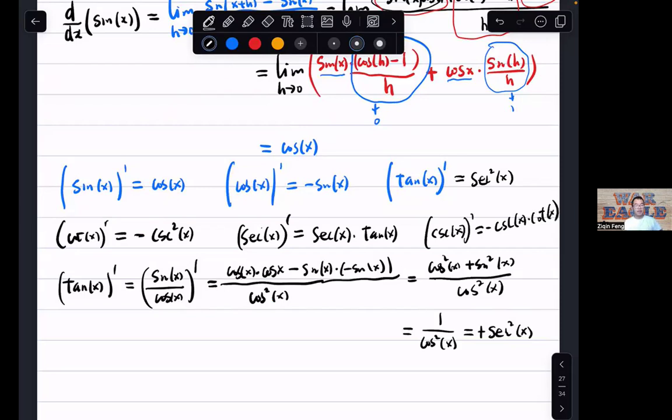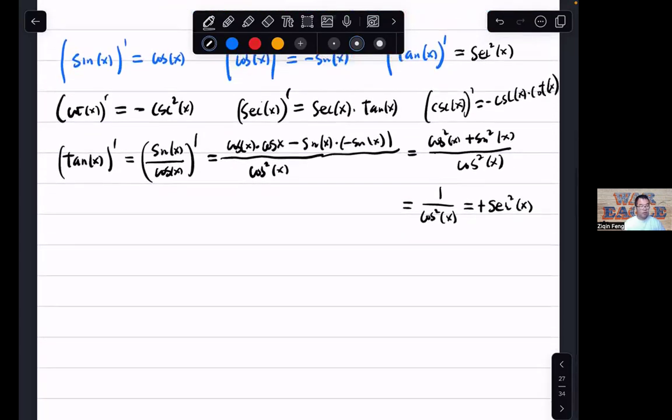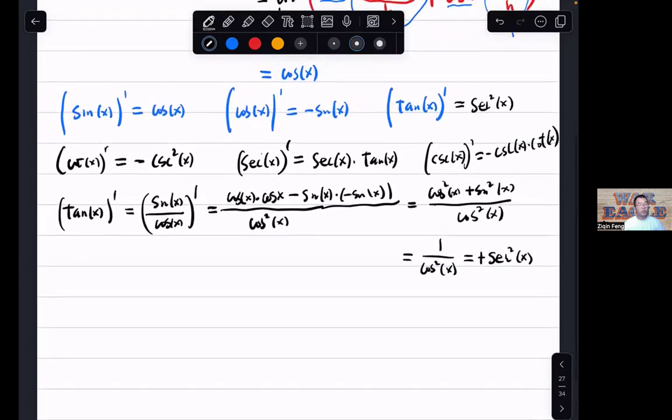So this is basically a list of the derivatives of the trig functions: sine, cosine, tangent, cotangent, secant, and cosecant. That's how we differentiate them. For the first and second ones, we have to use our definition of the limit, and for all the others we use the quotient rule.